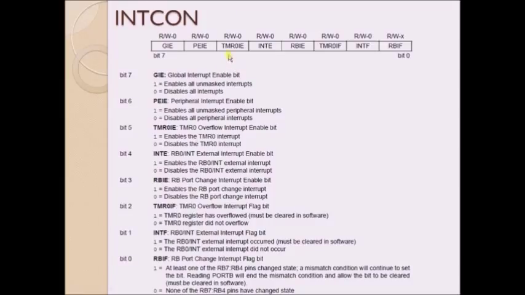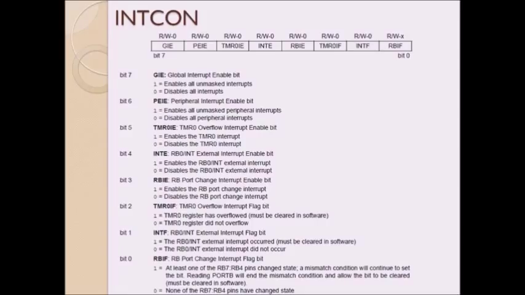Now here you can see one IE bit. Timer0 IE indicates the interrupt enable, and then Timer0 IF indicates the interrupt flag. This flag will give you the status of the interrupt. If you are programming the enable bit to 1, then the processor will execute the ISR of Timer0 when the Timer0 interrupt is generated.